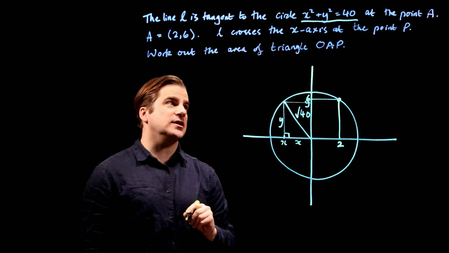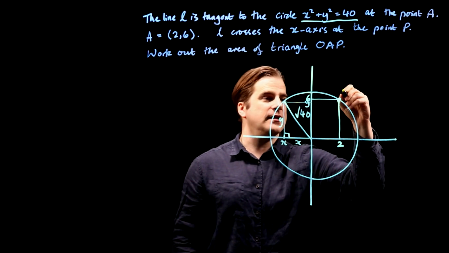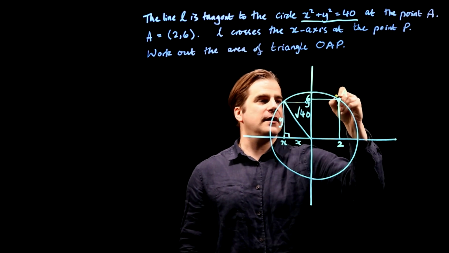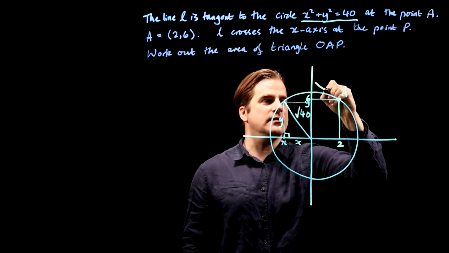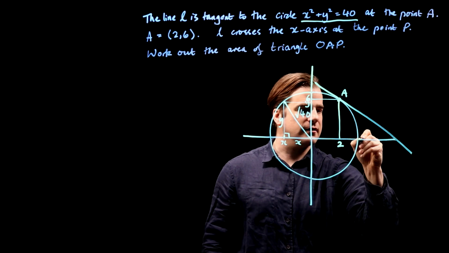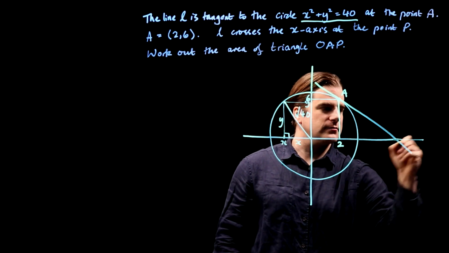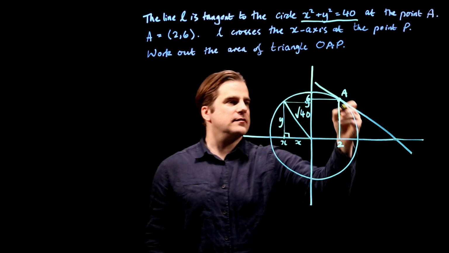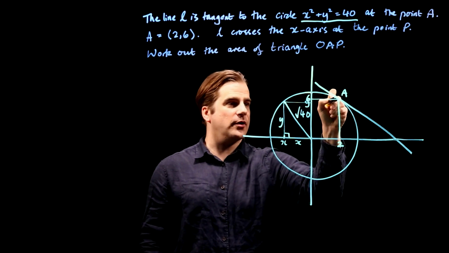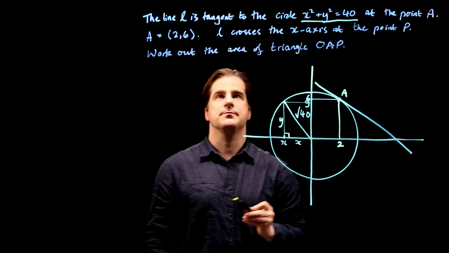L is tangent at this point A. Tangent means it's a straight line doing something like that. So we have our tangent line here at the point A, tangent to the circle.